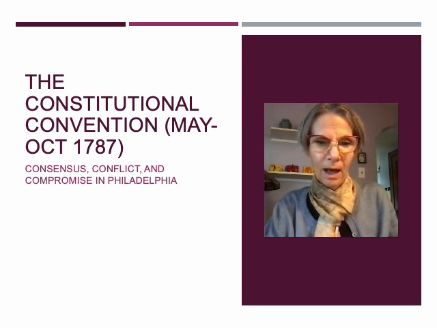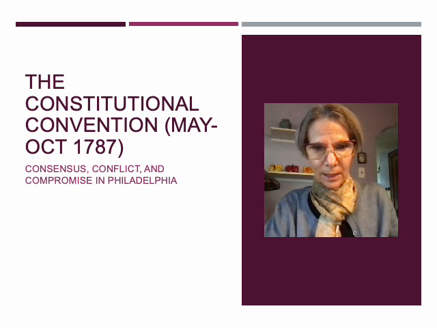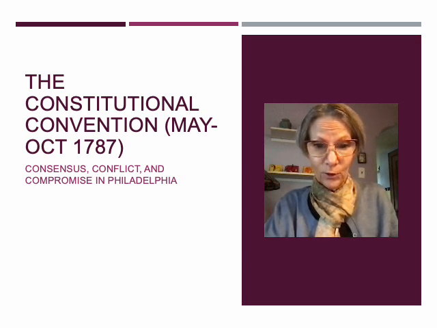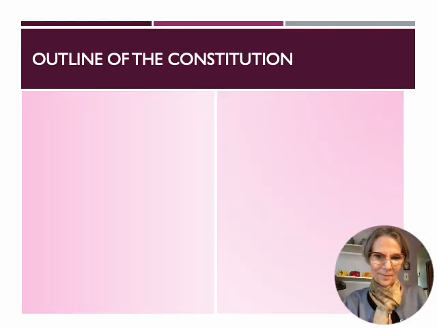What were some of the conflicts and compromises that were made in Philadelphia in order to get the Constitution ratified? But before we take a look at some of those issues, let's take a look at the outline of the Constitution, how many articles there are, and how it's organized.